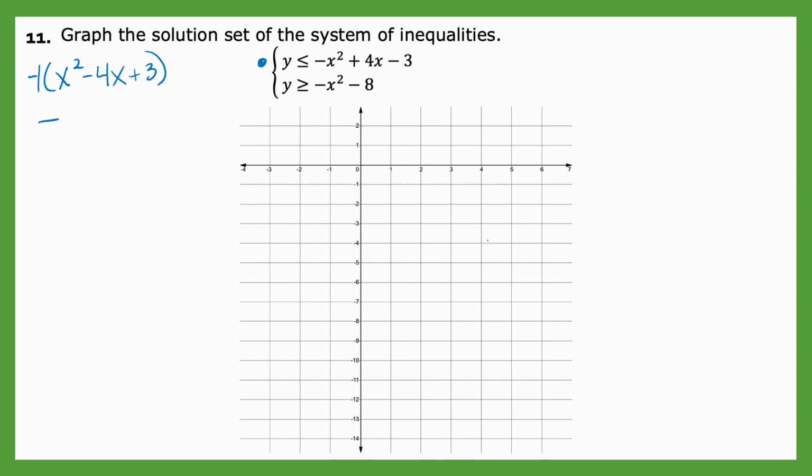Do I have two numbers that add to equal -4 and multiply to be a positive 3? Yeah, what are they? When I took out a -1, it flipped all the signs. Because the coefficient in front of the x squared has to be a positive 1 before you can factor, you took out a GCF of -1 first. Okay, but yeah, you have -3 and -1.